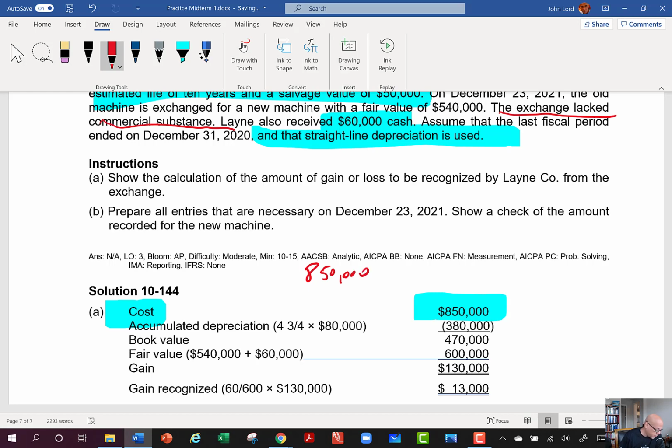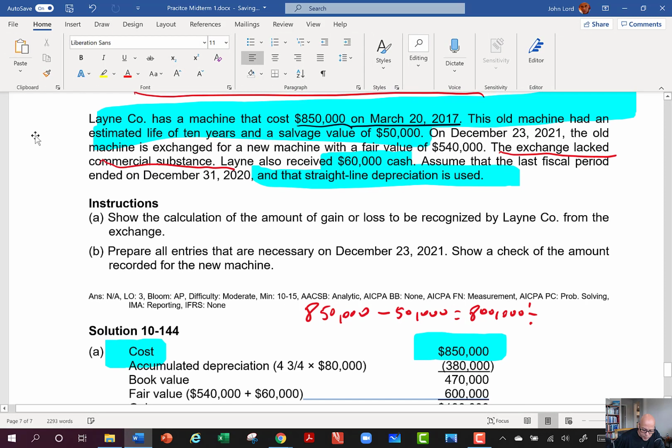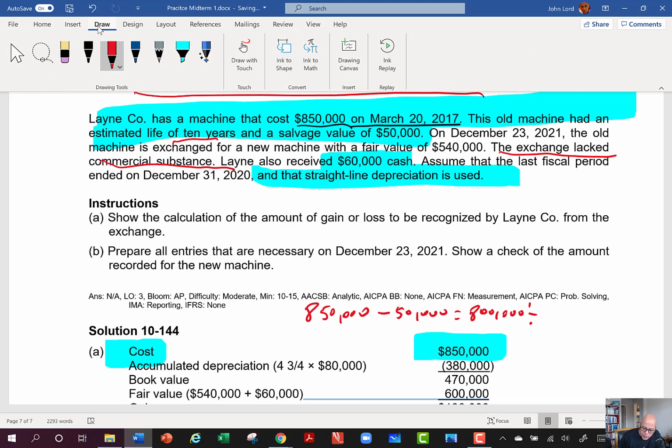You had to know something about depreciation here too, but nothing earth-shattering. 850,000 minus 50,000 gives me a depreciable base of 800,000. They're depreciating it over 10 years, so we take that divided by the 10 years, which gives me 80,000 per year. Now what happens? They bought the machine in March.